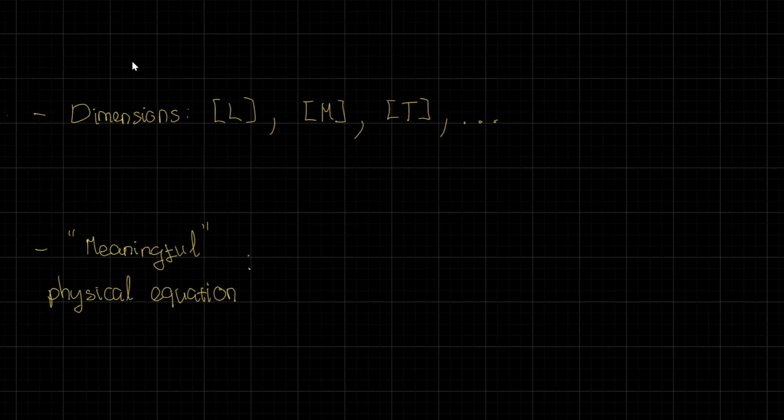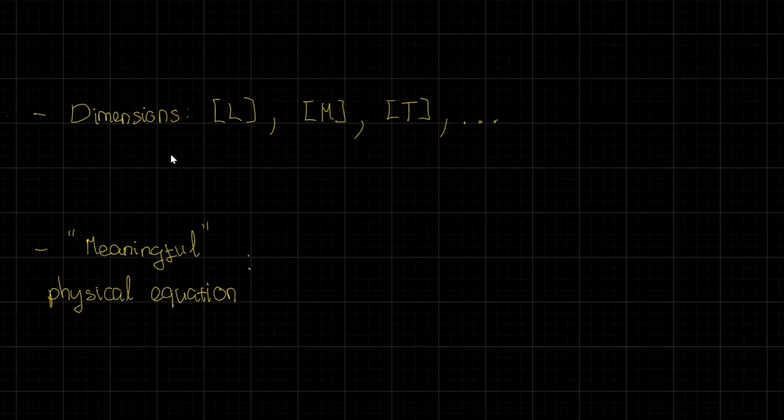Moving to dimensional analysis, we will first look at dimensions, which is how we represent physical quantities. For example, here I have length, mass, and time, and as you can see, I put a letter inside a box.